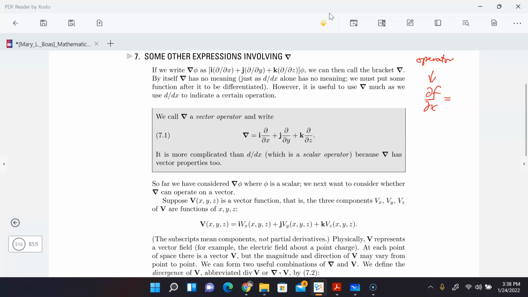Let's give a symbol, say g. So this function g is coming from the operator acting on your function f. If one has more operators like the ones involved in the gradient, supplemented by these directions here, then we call this a vector operator.